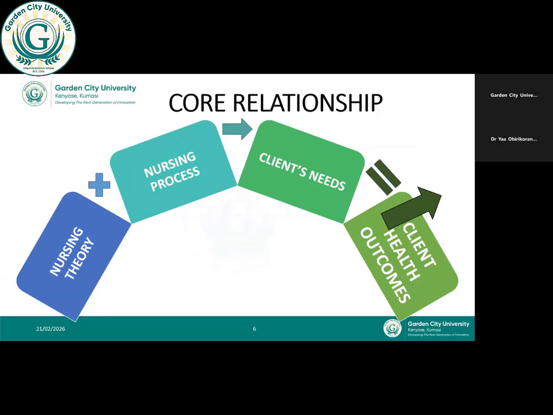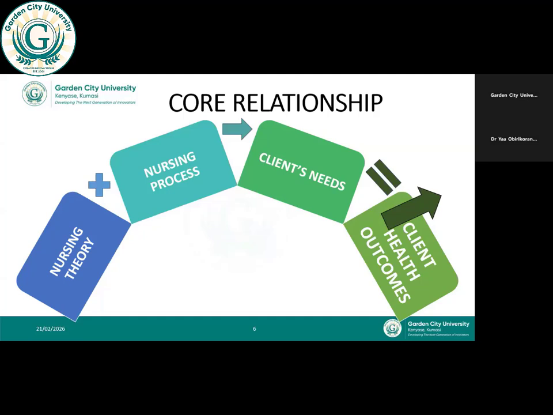So how does this relationship work? There are three concepts. We have the nursing theory, we have the nursing process. When you apply a theory to your nursing process, and then you apply that to the client's needs, in meeting the client's needs, what happens is that you improve or enhance client health outcomes.